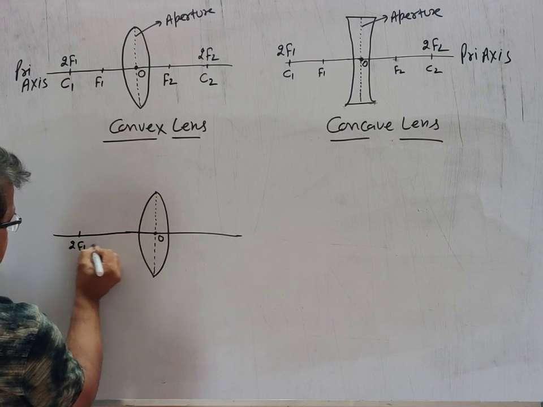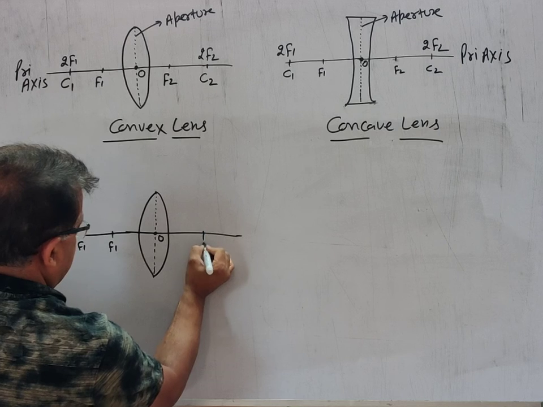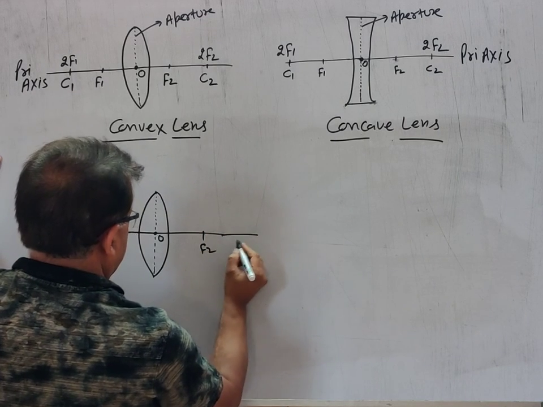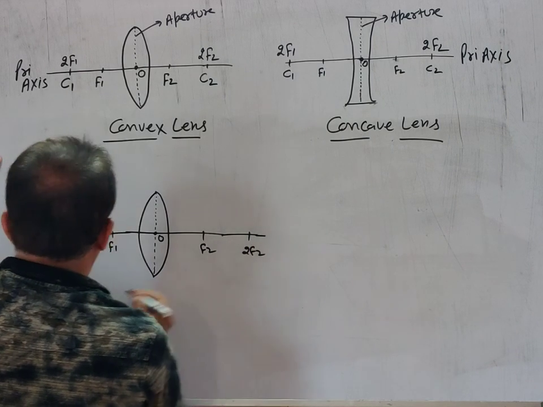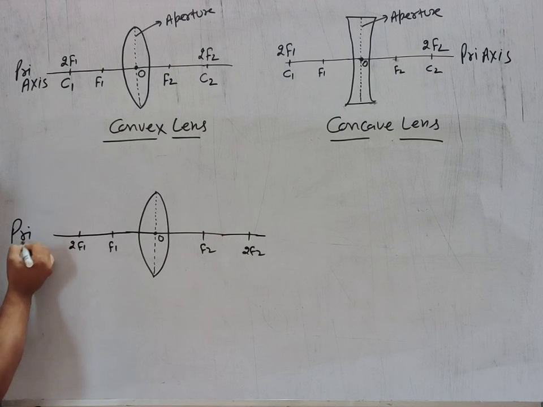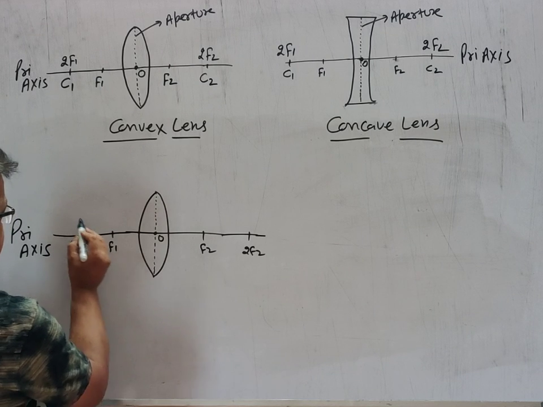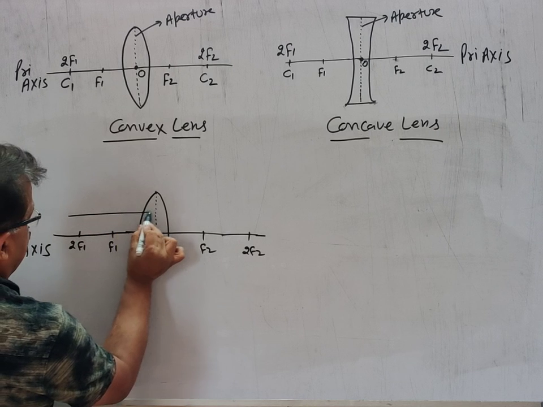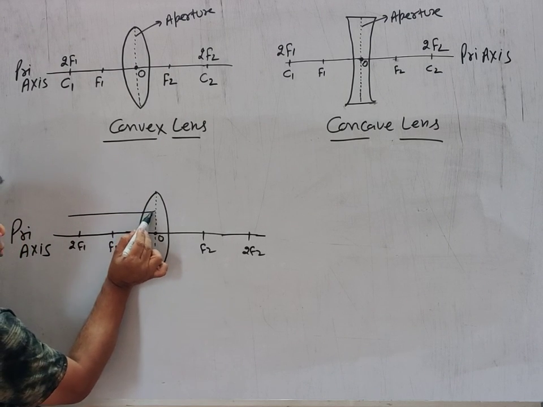2f1 and in the middle f1, at the same distance f2 and 2f2, and this is principal axis. Now principal focus, as I am telling, in case of convex lens, incident ray parallel to principal axis. We will show it going parallel up to here.